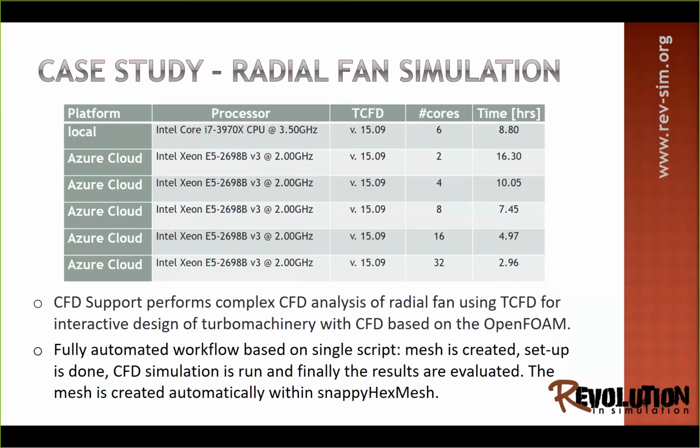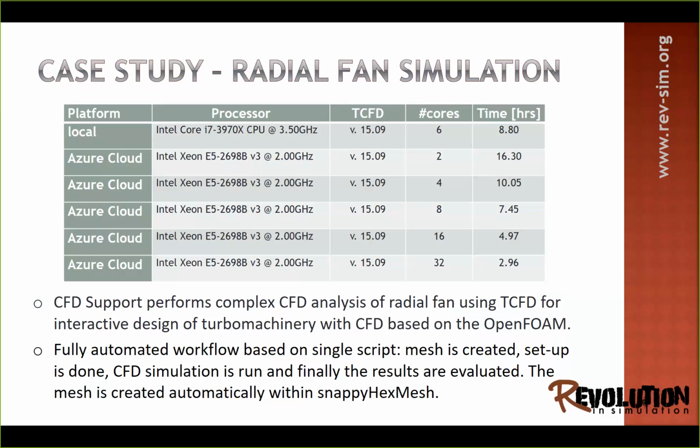And here we see some of the results. You see we ran on-premise on a workstation with 6 cores, and then to compare with, we ran on 2, 4, 8, 16, and 32 cores. And you see, with this simple benchmark, we were able to improve the runtime by a factor of 3.